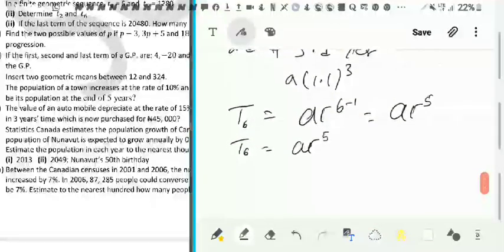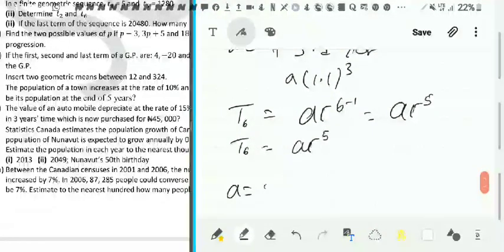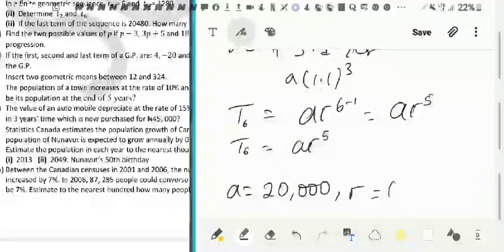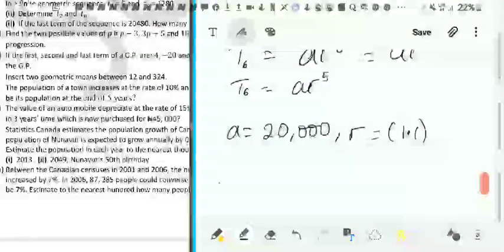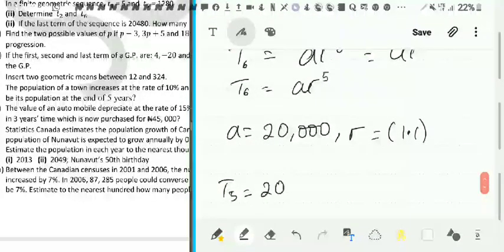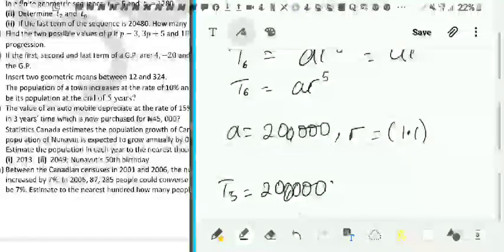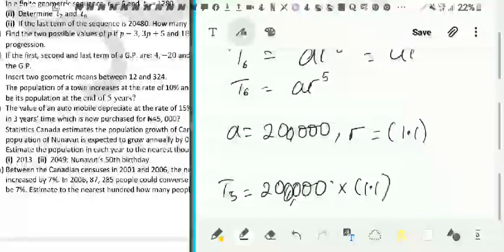And what is our A? A is 200,000. R is what? This is the R, 1.1. So substitute. T6 now equals 200,000 multiplied by 1.1 raised to the power of 5.